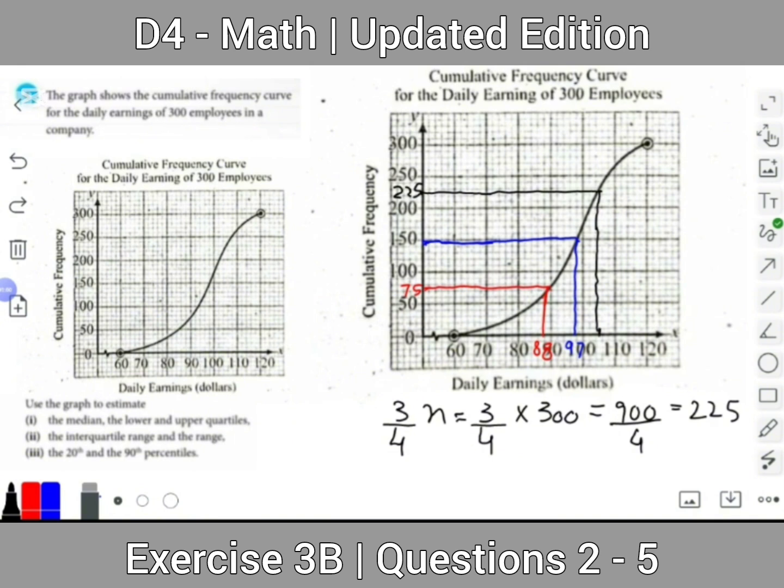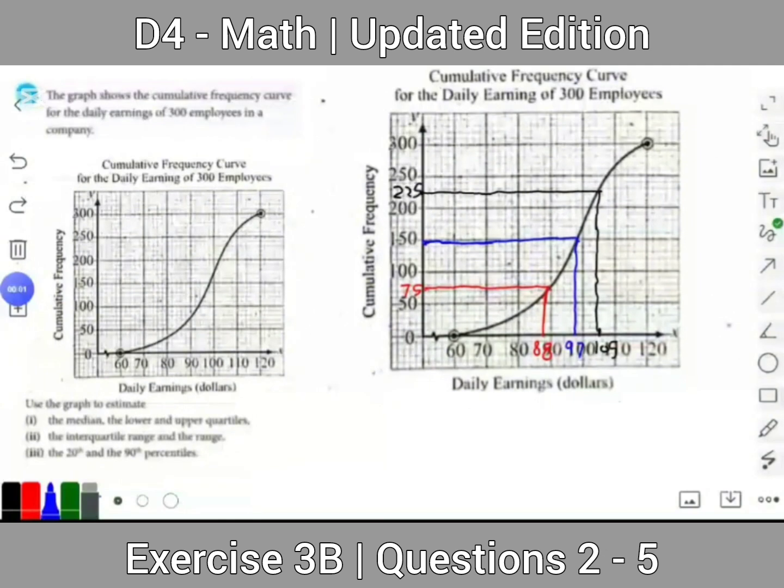Between 104 and 106 we have the value, so it is approximately 105. So the upper quartile Q3 is equal to $105 approximately, just because this is the estimated upper quartile.